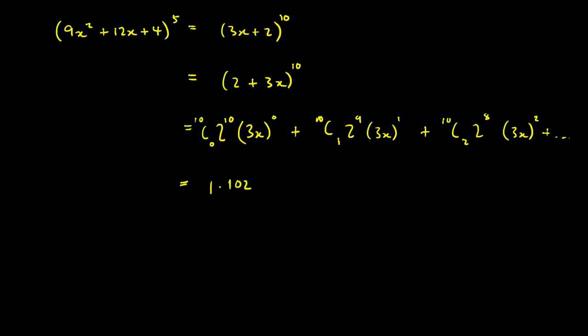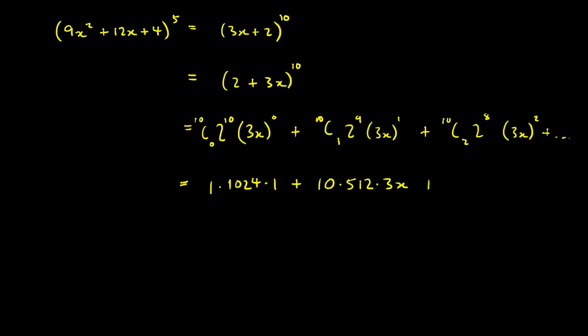Right, so I think that should be doable. And then 3x to the power 0 is 1 because anything to the power 0 is 1. Next, 10C1 is 10. And the reason for that is anything C1 will give you that number. So 8C1 is 8, 9C1 is 9, 10C1 is 10. 2 to the power 9, well, it's going to be half of that 1024, so that's 512. And we've got 3x there.